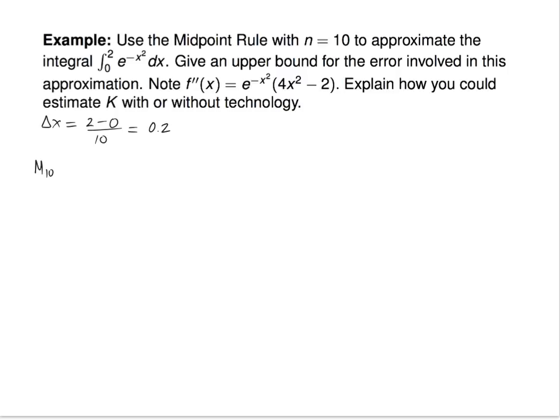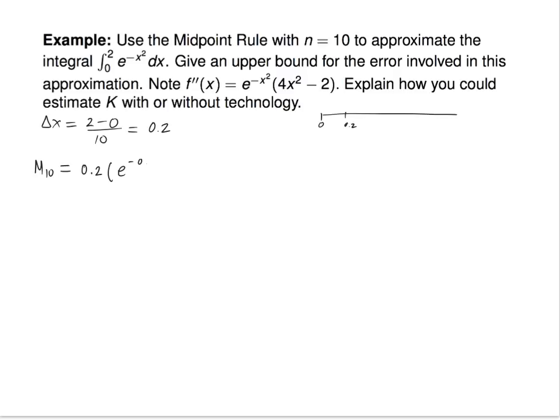Okay, and midpoint rule 10. So it'll be 0.2 times, what's the first thing we plug in? Do you guys have questions? So you've got 0 and you've got 0.2, what's halfway? 0.1.